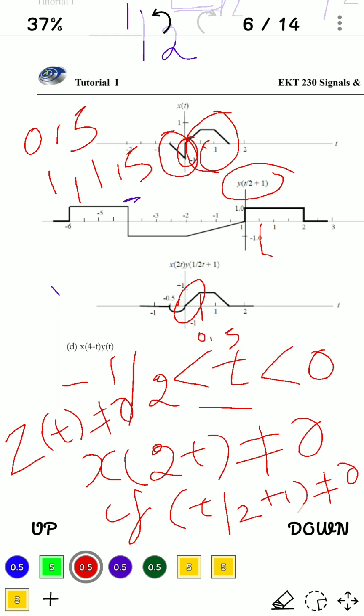So see here, for 0.5, in both cases, you have an amplitude of 1. This is one amplitude, this is one amplitude. So here 1 into 1 would result in 1, an amplitude of 1 again.